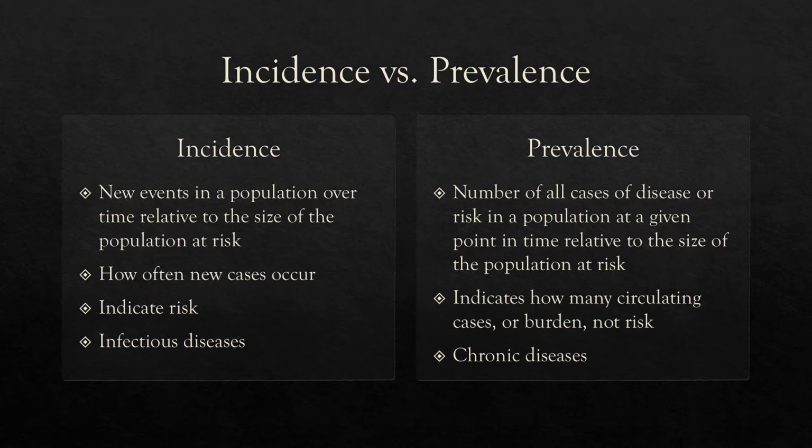So the difference here, incidence is new cases, prevalence is all cases. So incidence describes how often new cases occur, whereas prevalence indicates the burden of disease in the population, like currently. Oftentimes incidence indicates risk because it indicates how quickly new cases are appearing.